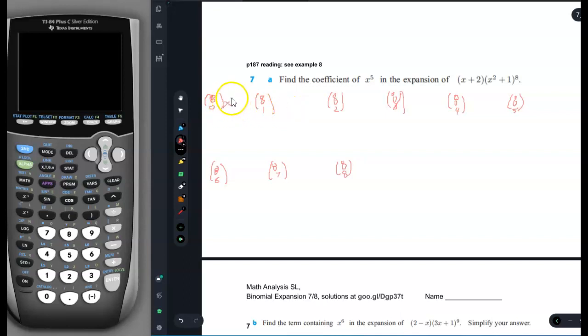It would be x squared, x squared, x squared, x squared, etc. And then the x squared is taken to the power of the 8th, 7th, 6th, 5, 4, 3, 2, 1, 0.